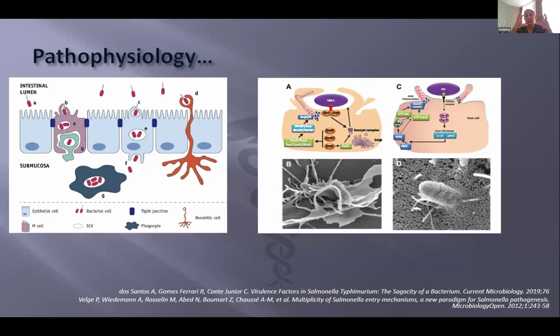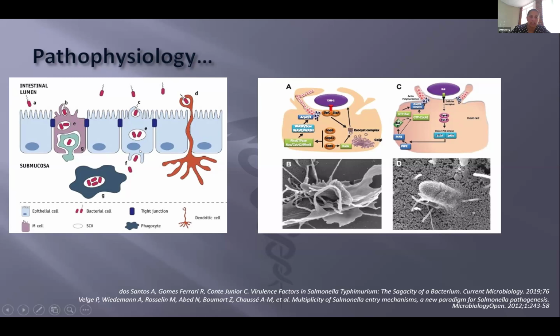In the presence of inflammation with neutrophils and reactive oxygen species, the thiosulfate is then converted to tetrathionate, which is actually used by the Salmonella for microaerophilic respiration to generate energy. This is one of the other ways in which Salmonella is able to effectively colonize and stay within the intestinal tract.